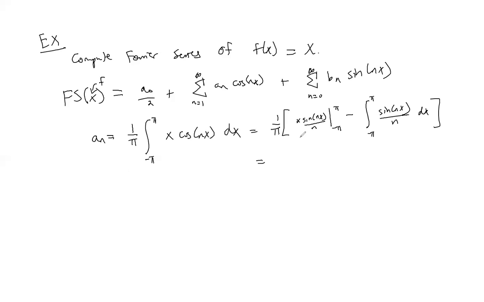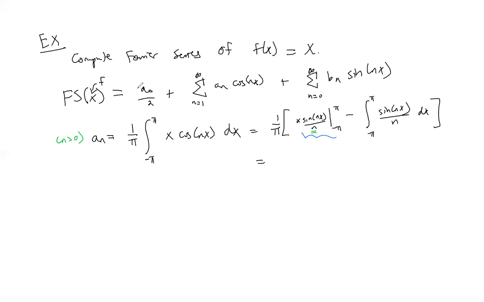What does this become? Sine of n pi is 0 for every n. So actually, you'll notice we're dividing by n here. So really, this should be n greater than 0, and then we should do the n equals 0 case separately.